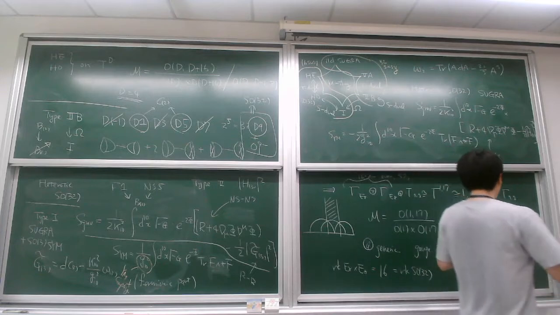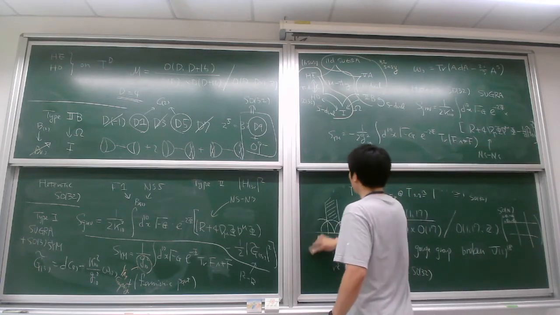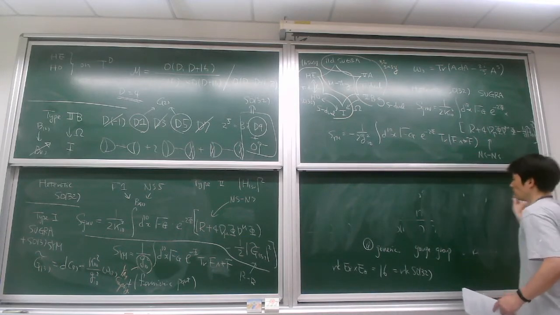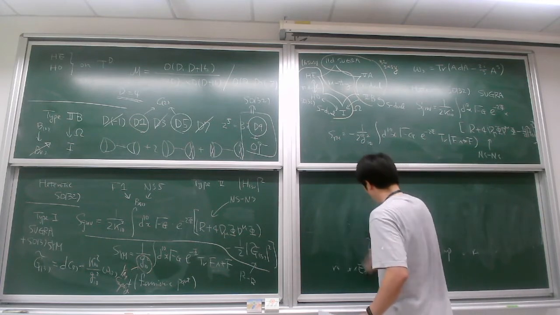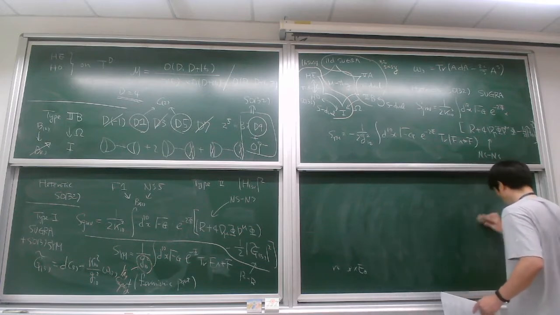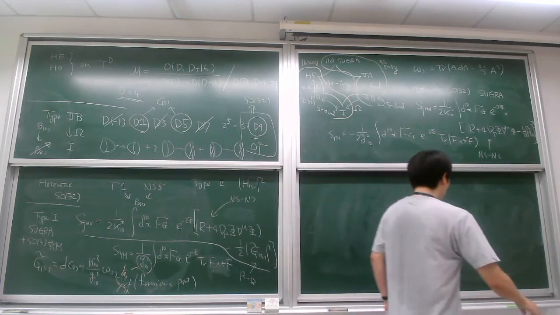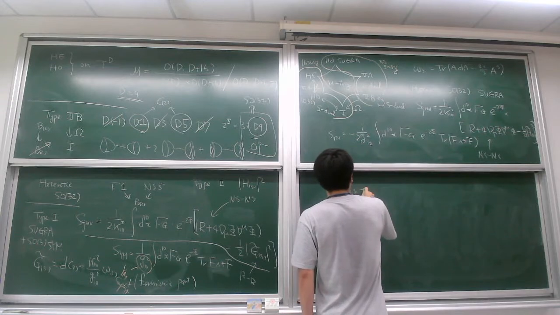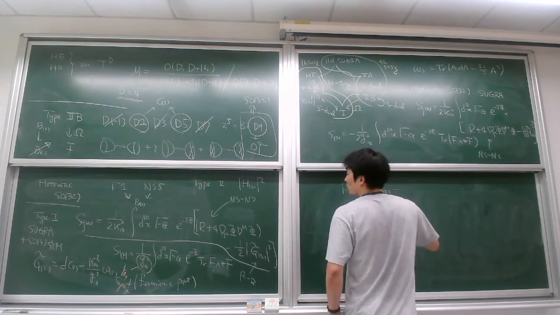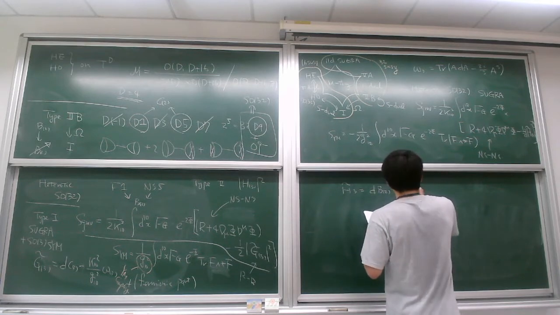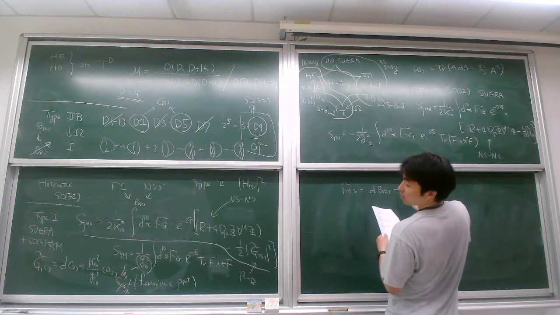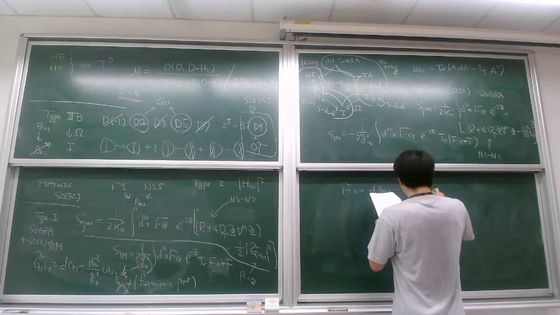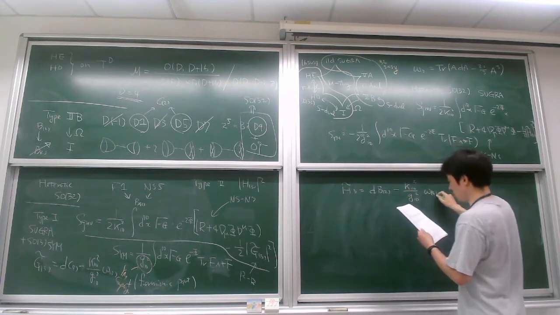And the H3 is again very similar: H3 is the field strength of the B field, shifted by this transformation, the same shift up to some constant. That's the shift we have.